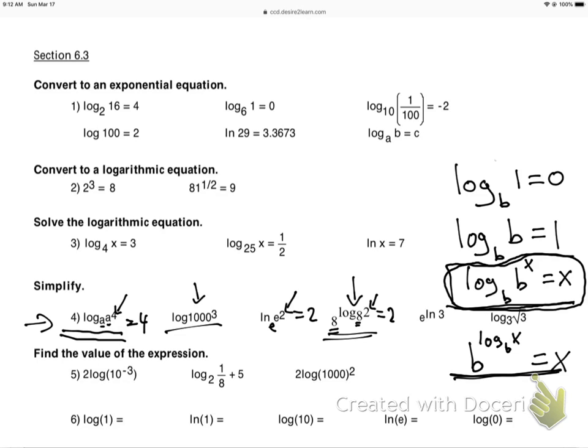Now, this is different, because if I say log to base 10, that's what's missing. Now, what's 1,000 to the power 3? Well, 1,000 is 10 to the power 3. If I then raise it to 3 again, remember, I've got to have this the same, then this is 10.